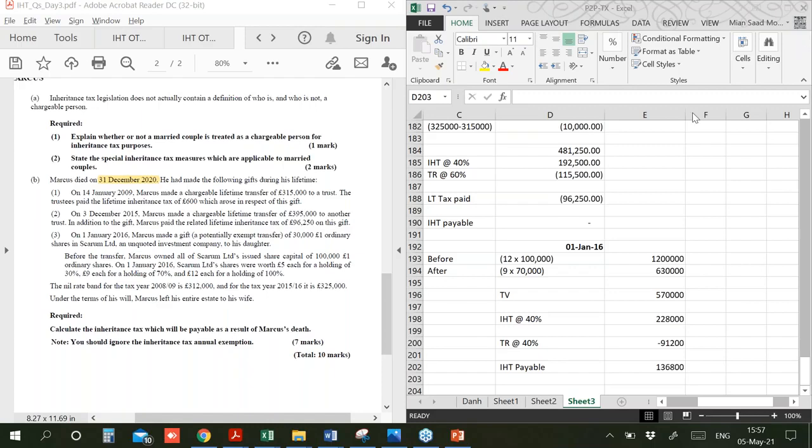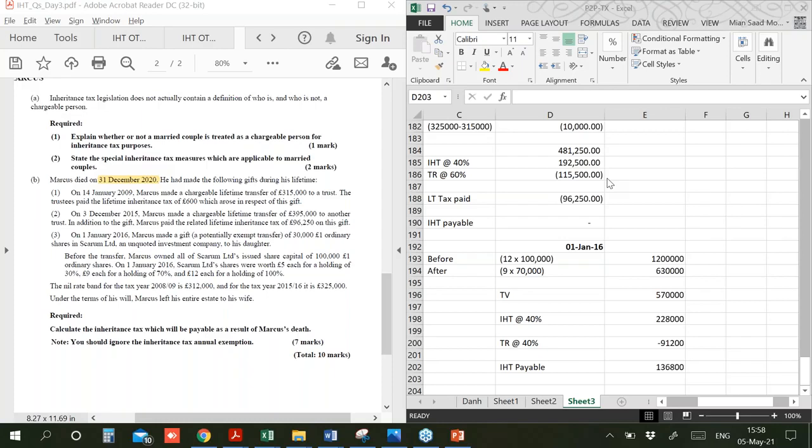I will welcome now questions from you guys. IHT is a bit tricky topic, but for that I will suggest you to solve as many OTQs as you can for IHT, because an OTQ is confirmed. However, a section C question, it may come, it may not. So when it comes to IHT, your complete focus should rather be on OTQs.